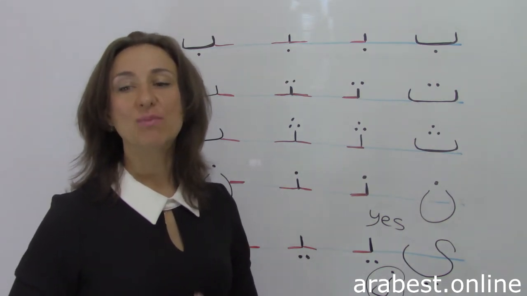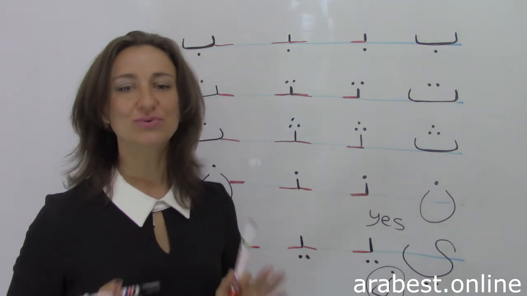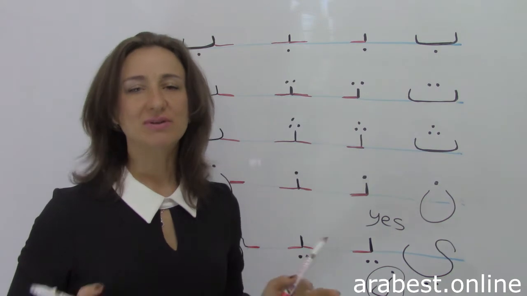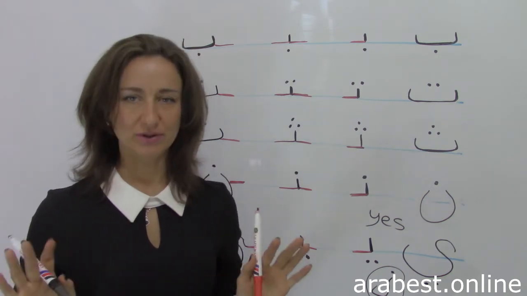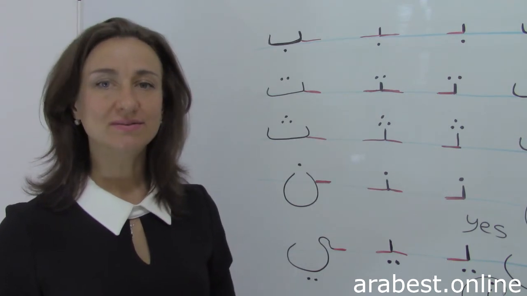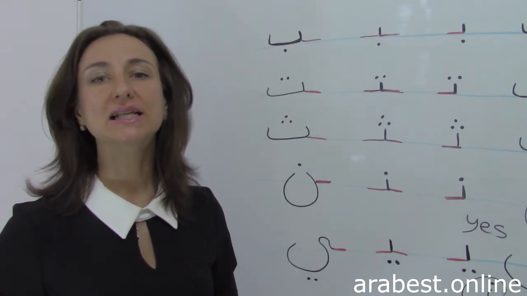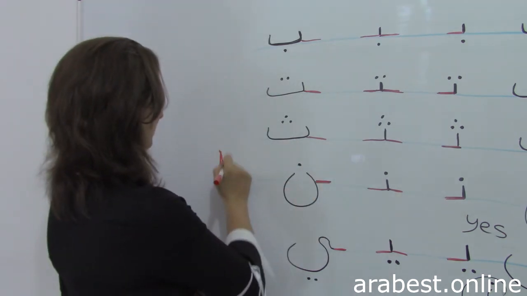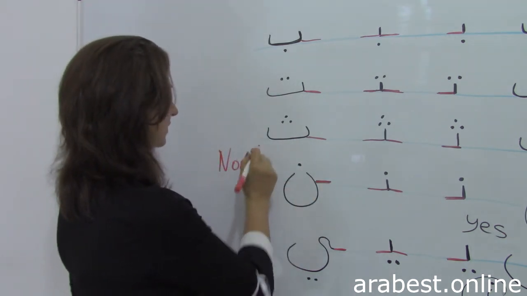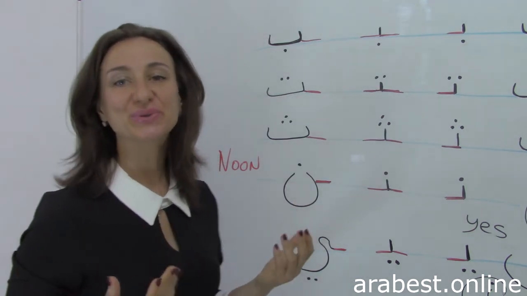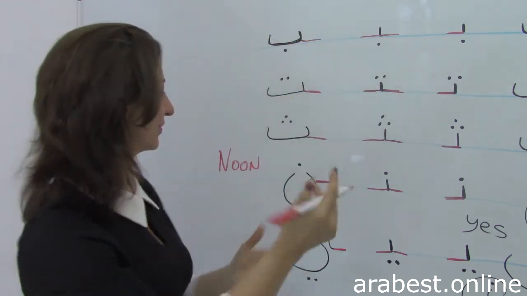There is one small hint how to make it easier. It might sound clumsy, but believe me, it works. Now I'll show it to you. Letter noon, the same as English noon. You know noon, and noon and afternoon. The noon when the sun is up.